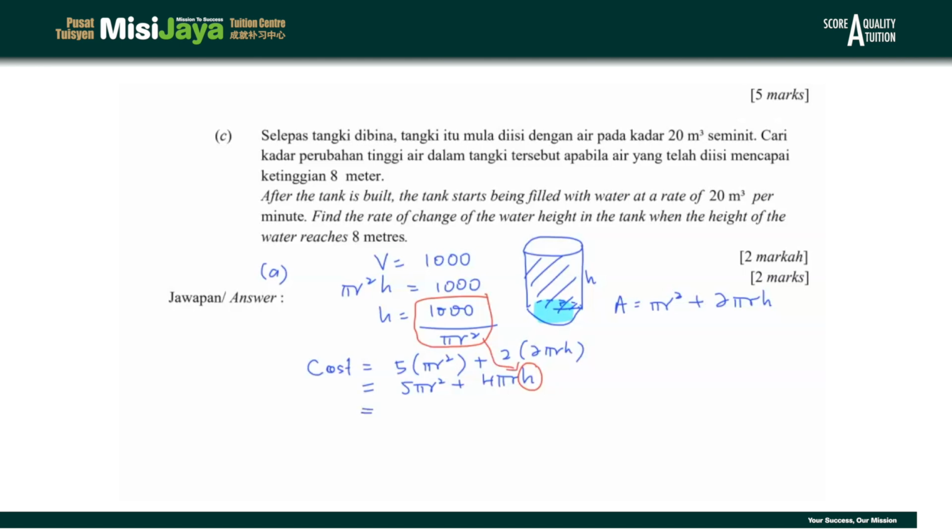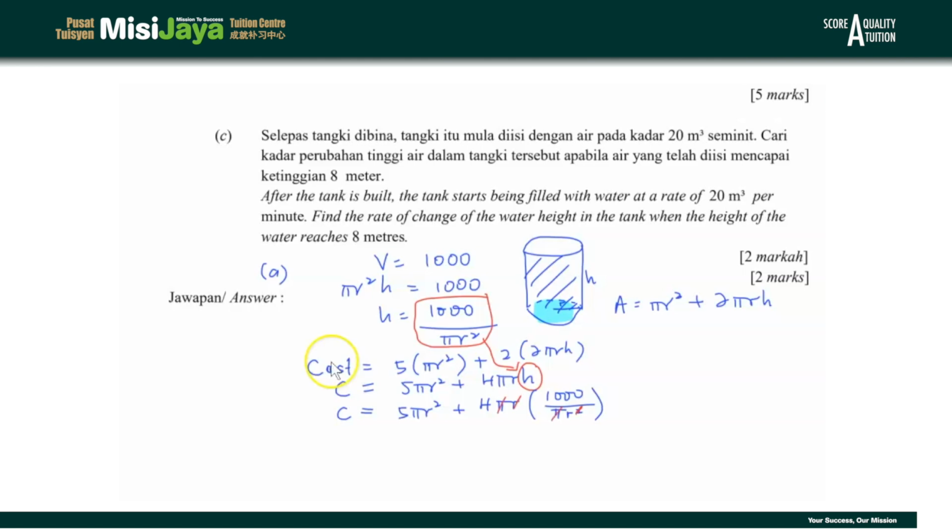So C will be 5 pi r square plus 4 pi r times 1000 over pi r square. Okay, so we can cancel out the pi and one of the r.